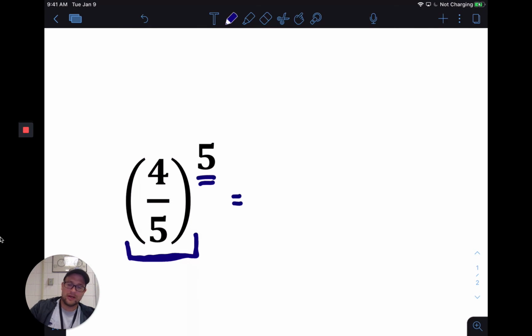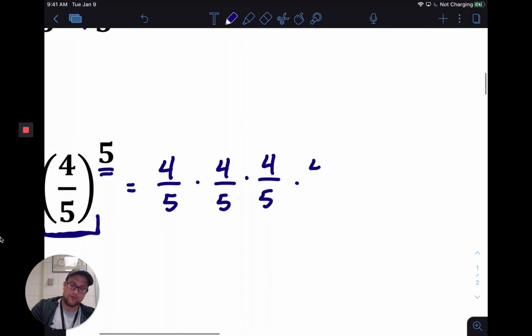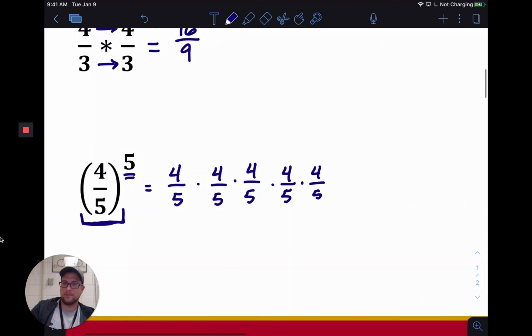So we can rewrite this and say that it is the same as 4 fifths times 4 fifths times 4 fifths times 4 fifths times 4 fifths, right? Because that's what it means. Take the base, multiply the base by itself 5 times.